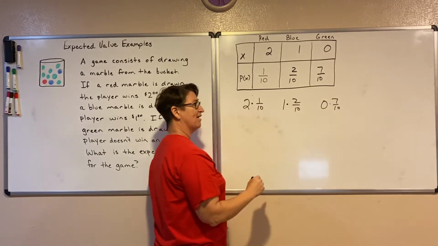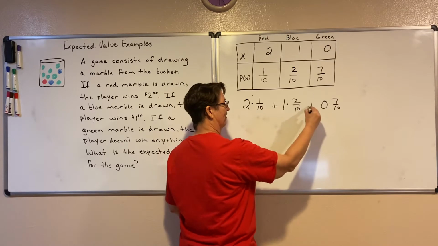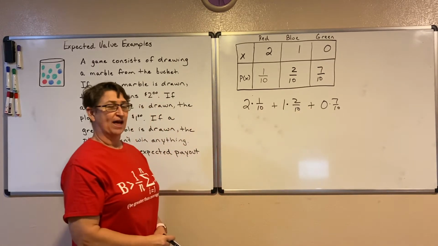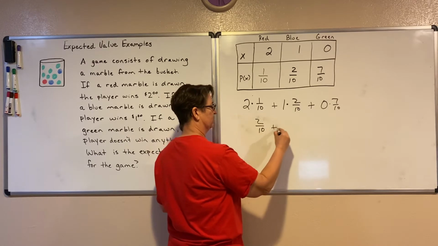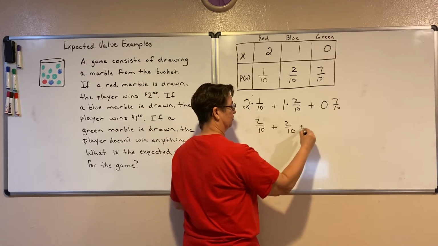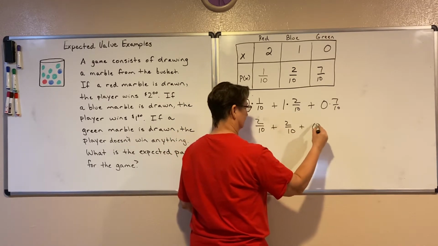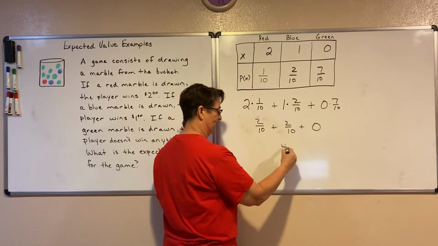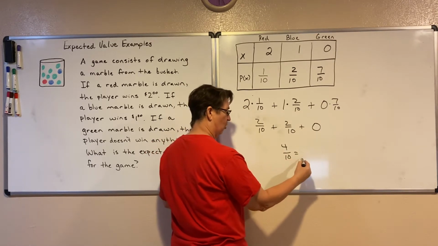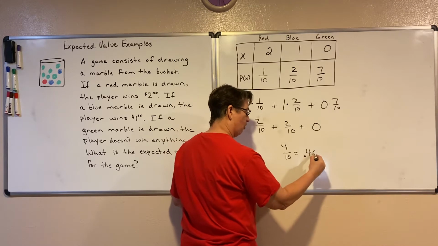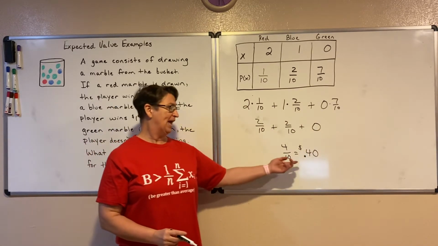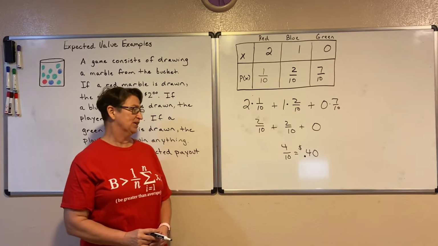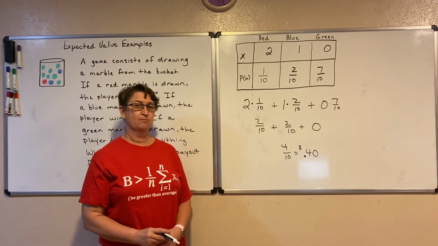And then once I have those products, I'm just going to add them together to find that average. So here I have 2/10 plus 2/10 plus 0/10. Add that together and you have 4/10 or 40 cents. So on average, this payout from this game would be expected to be 40 cents.